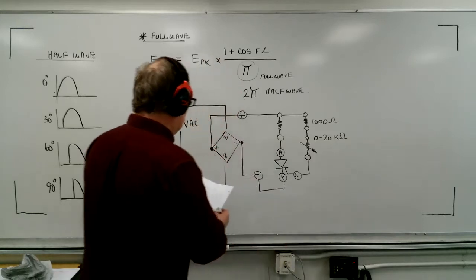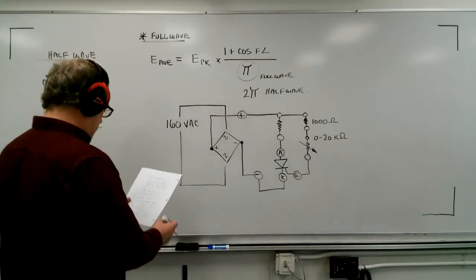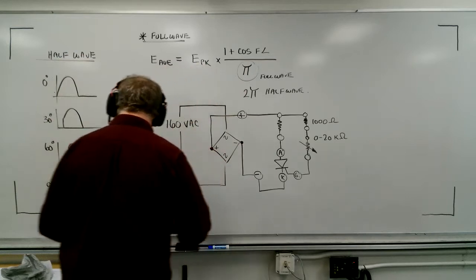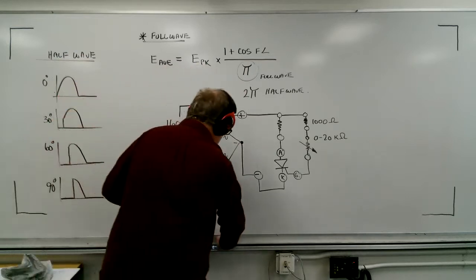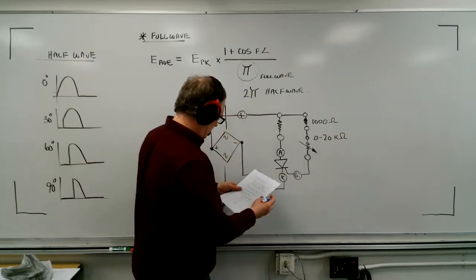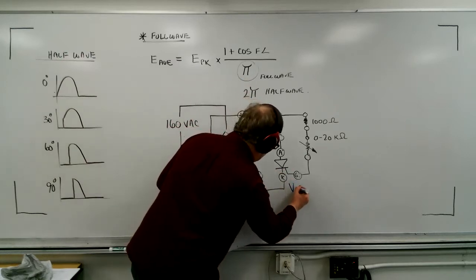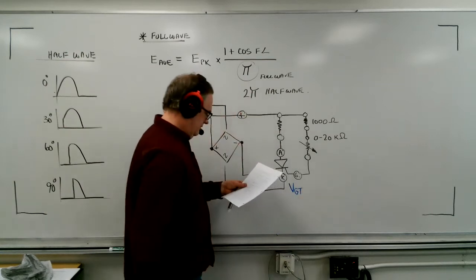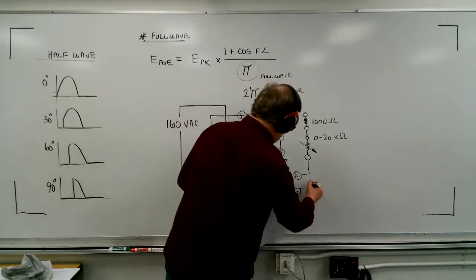Okay, so here we have the circuit then, and I'm going to give you the information about the actual SCR, and it looks like this. The voltage of the gate is 3 volts.